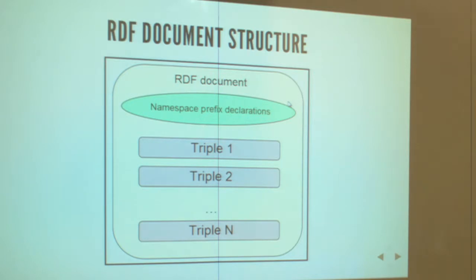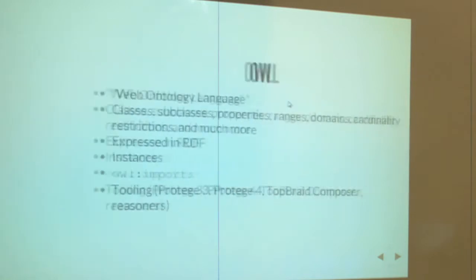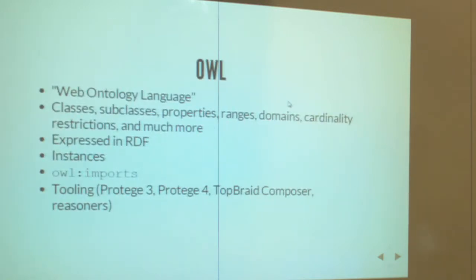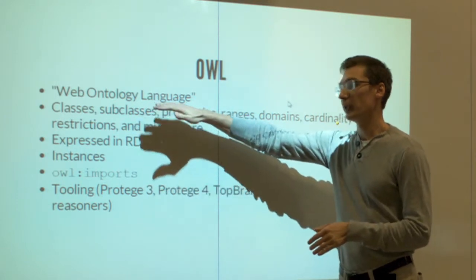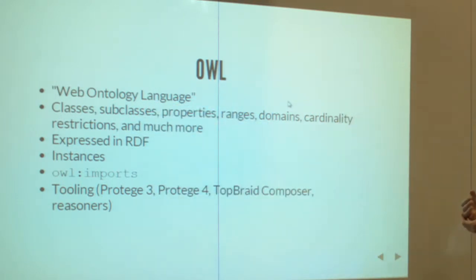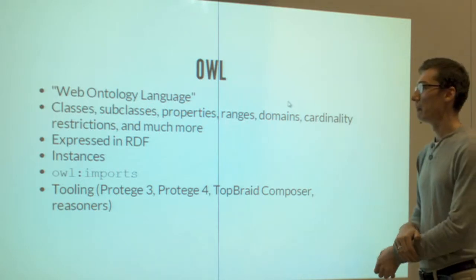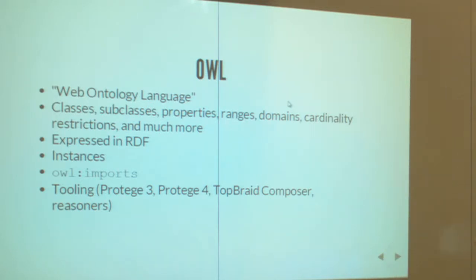Then that's about RDF. What about the other piece? What about OWL? For one, OWL stands for Web Ontology Language. So it even has the word ontology in it, which of course rings a bell, or is already a sign that it might be something relevant for us.